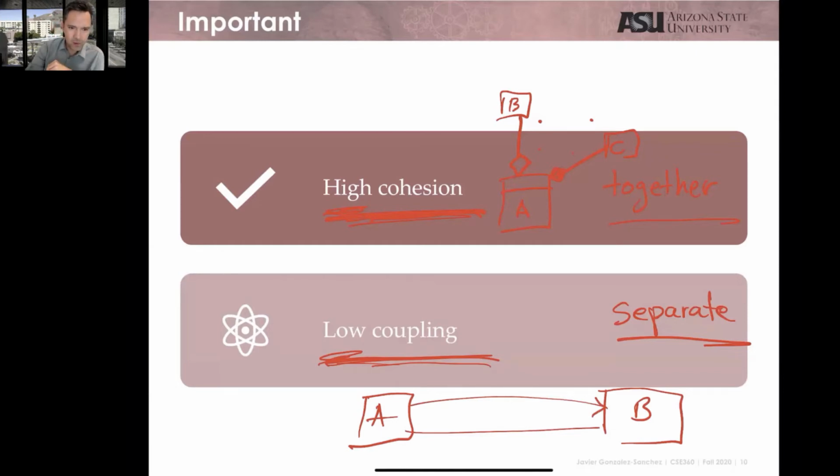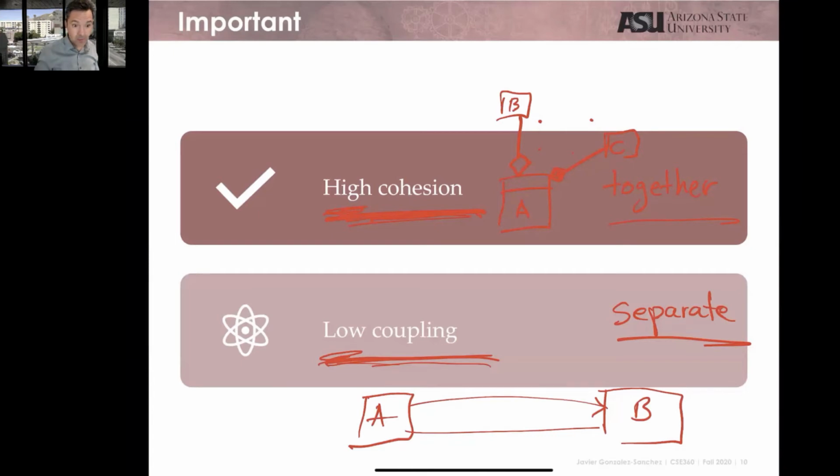I just provide two examples, but just keep in mind, you want things that are common, familiar, related variables or connections together. But in general, what you want, talking about classes, packages, modules, is being able to separate them easily.